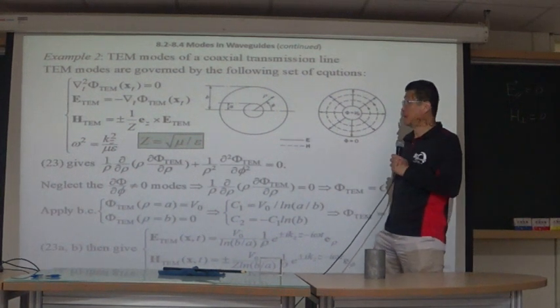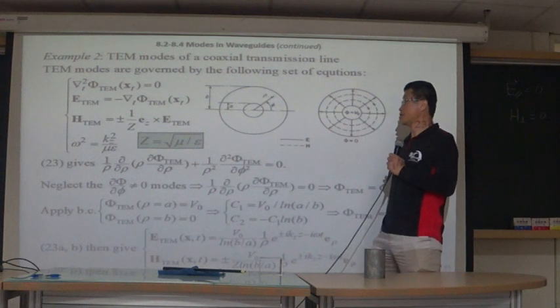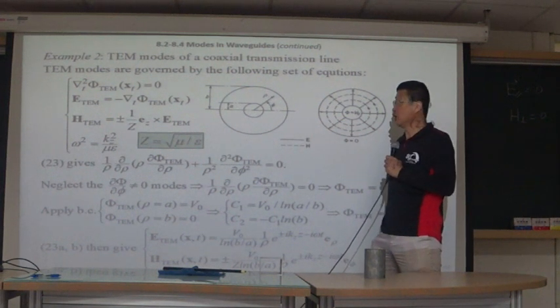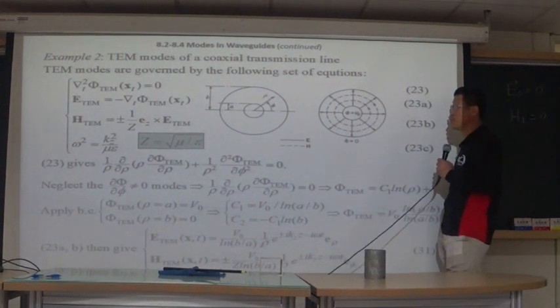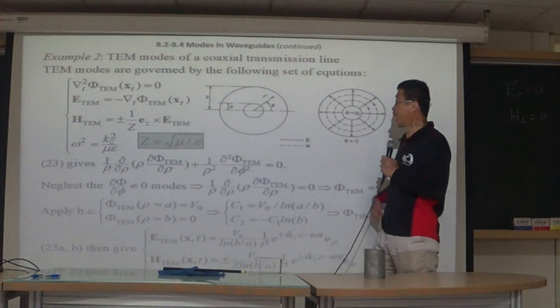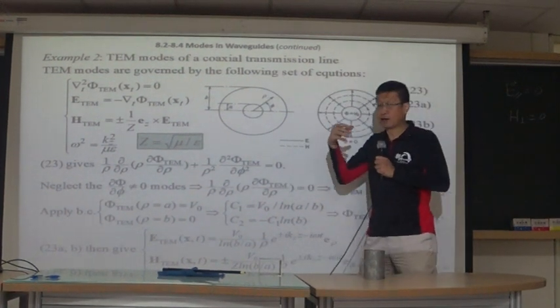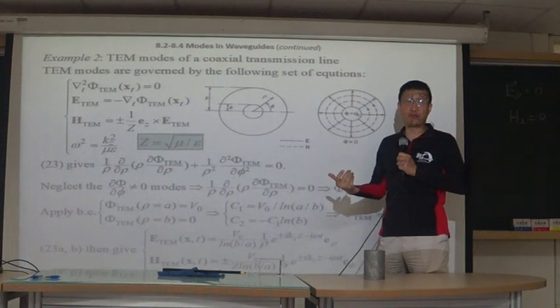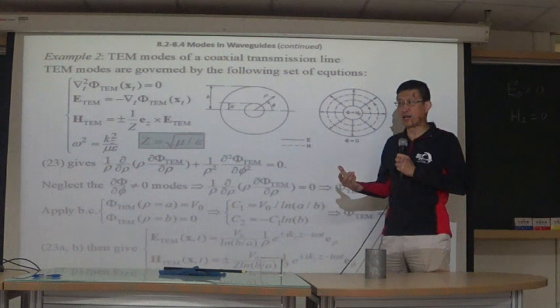Okay. Now let's talk about coaxial modes. The simplest case, TEM modes of a coaxial transmission line. Actually, a transmission line is used for transmitting EM waves, and there are many kinds of structures.